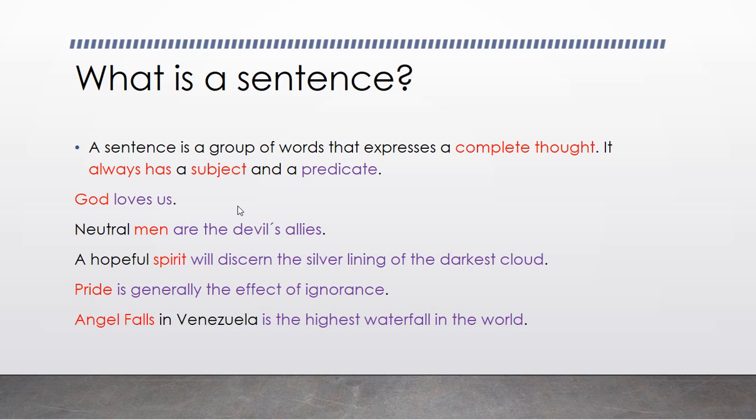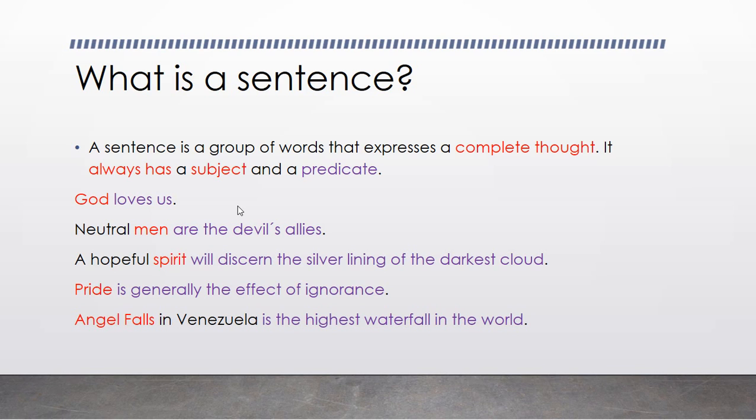Then we have, Angel Falls in Venezuela is the highest waterfall in the world. Angel Falls is going to be the subject, and then we have the predicate. The words that I have just placed in black are there because those words are modifying the subject.